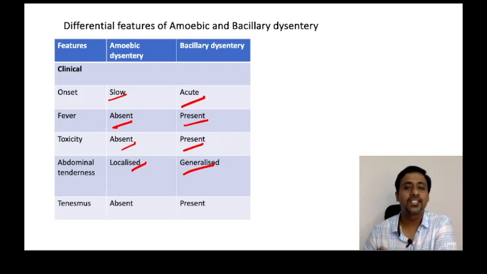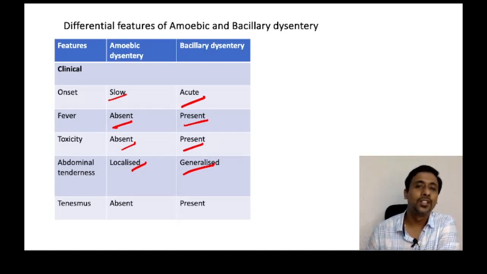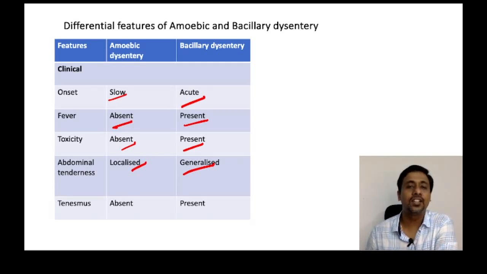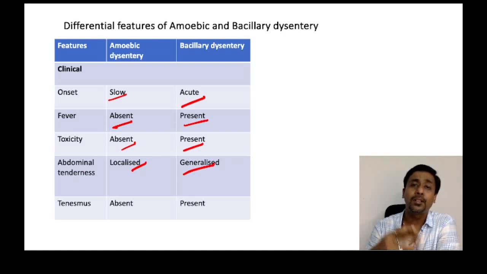Whereas in case of bacillary dysentery, to go into more detail, bacillary dysentery is basically a descending intestinal tract infection. What does it mean? When bacilli enter the gastrointestinal tract, they reach the small intestine. They multiply there itself and lead to symptoms like abdominal cramps, pain, fever.